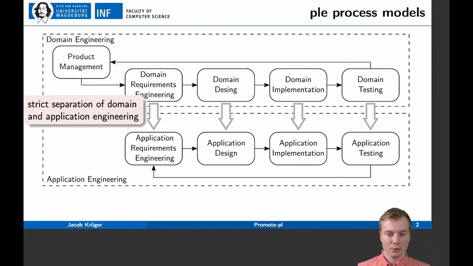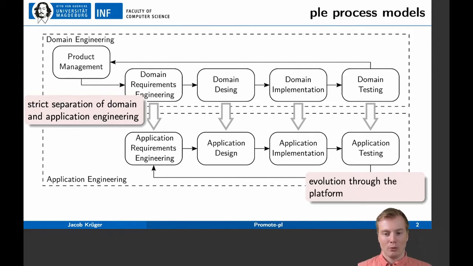There it's just reviewed and propagated back if something needs to be fixed. So this is not that strict separation between who does implementation on the platform and who does implementation on the product. And similarly, going in the same direction, basically those models assume that evolution only happens on the platform, whereas, as just said, we found that evolution also happens on individual variants that are later integrated into the platform.